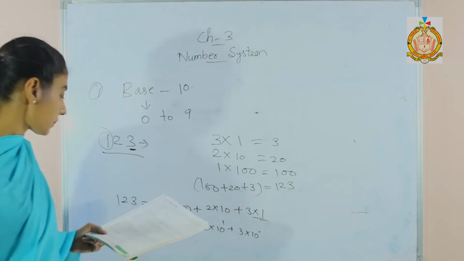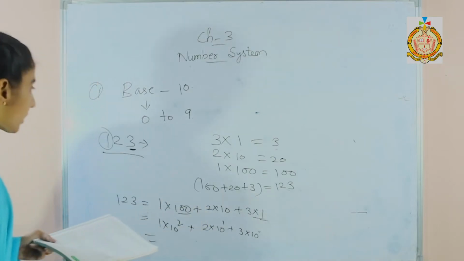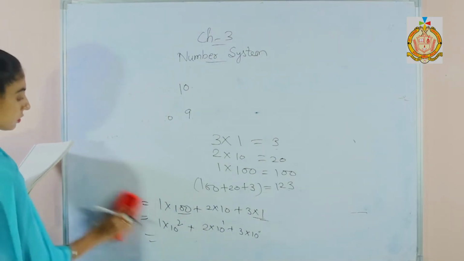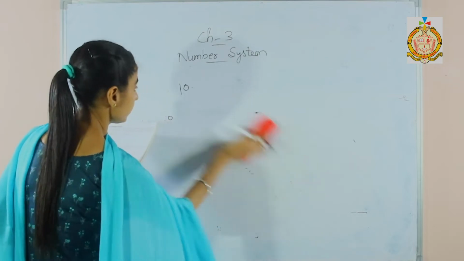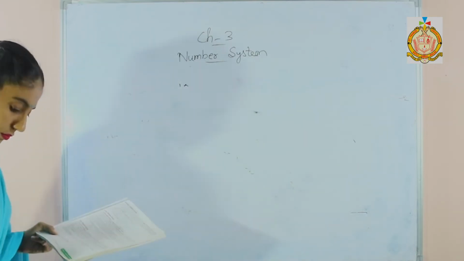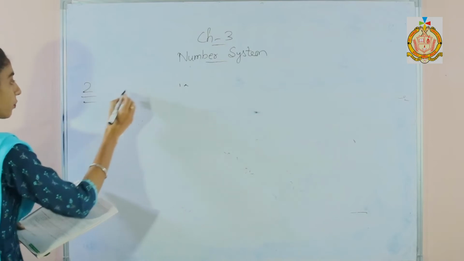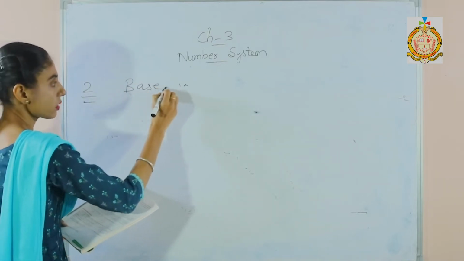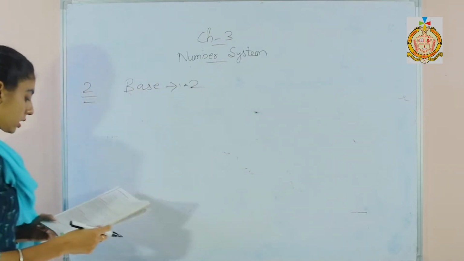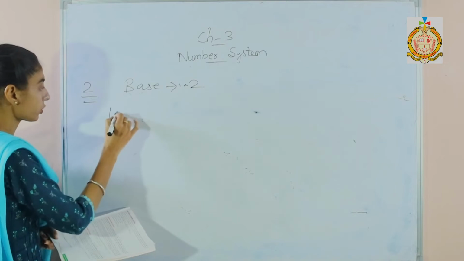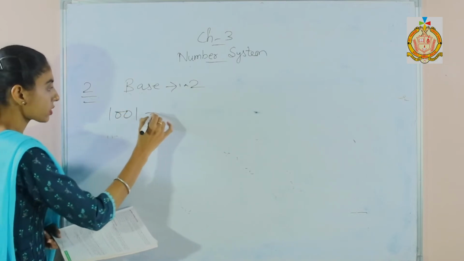Next one is the binary number system. Binary number system base is 2. In this I am going to give one example: 1001.